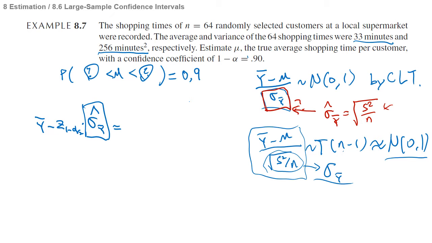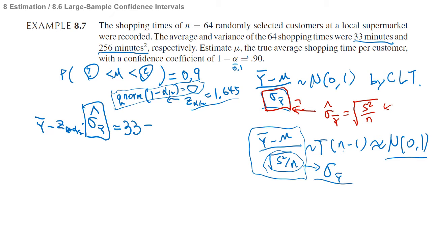So y bar is 33, and Z alpha over 2, where alpha is 0.1, is 1.645 from the table, or you can also use R with the qnorm command: qnorm of 1 minus alpha over 2 returns 1.645.